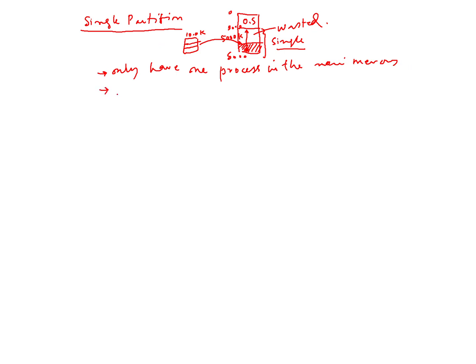And the remaining memory is wasted. Suppose here we have 5000 K, and 1000 is utilized, but 4000 is wasted, right?